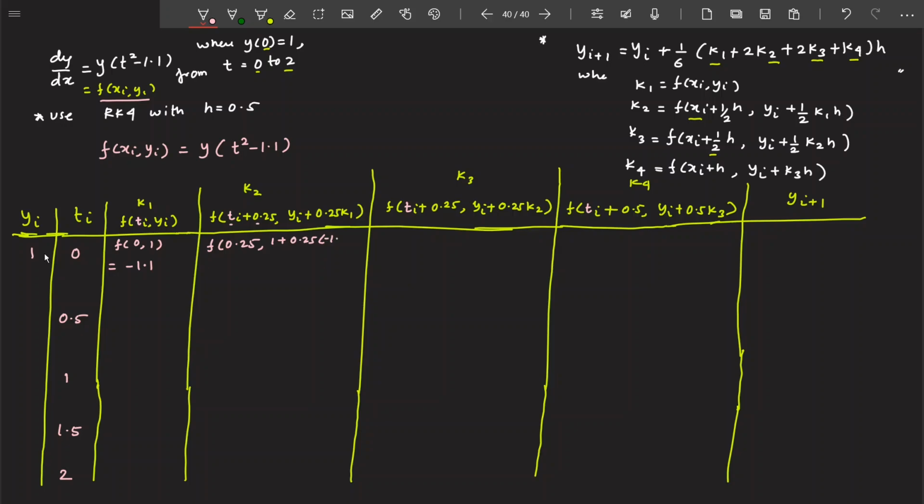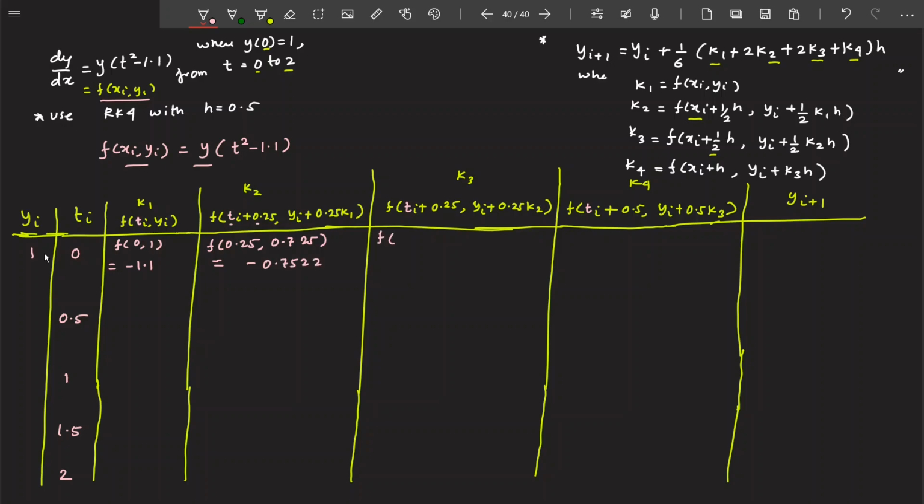What is k1? Minus 1.1. If you do that calculation, the value that you're getting is 0.725. So you have to substitute 0.25, 0.725 in this equation, and the value that you'll be getting is going to be minus 0.752.